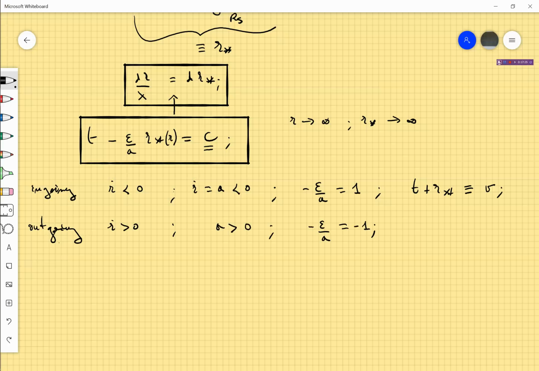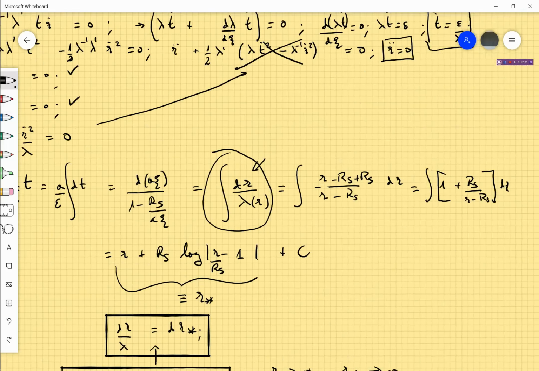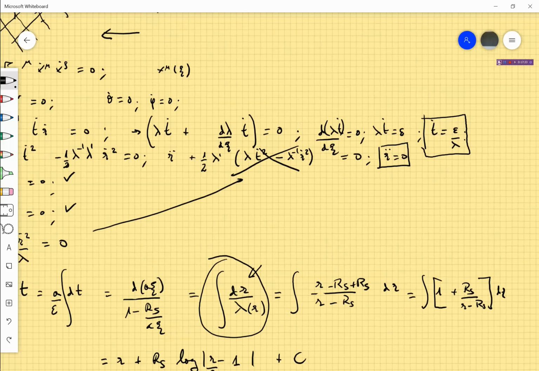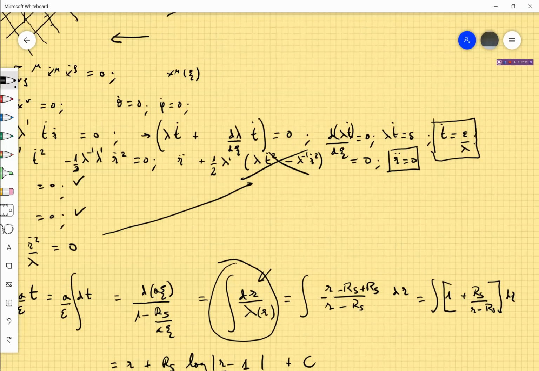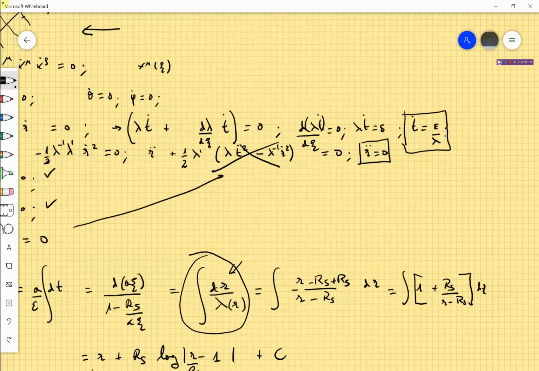It's a choice of epsilon. Epsilon, you take it to be positive, at least in the exterior of the Schwarzschild geometry. Exterior meaning r larger than rs, where lambda is positive. Because then, if lambda is positive, you want t dot to be positive, because you want t to grow when psi, the evolution parameter, grows.